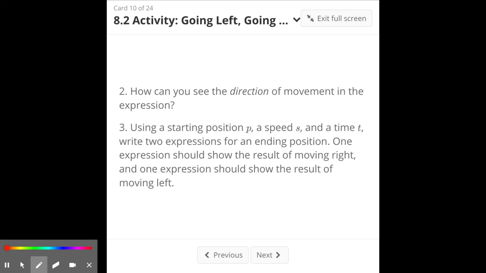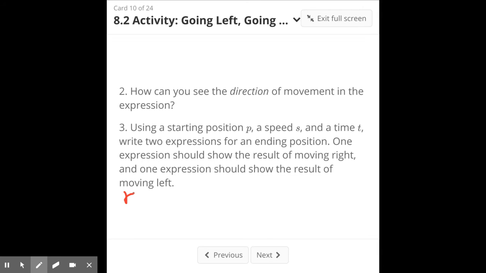We haven't done a whole lot of work with variables yet this year, so I'm just going to write it down for you, and don't worry if it's a little confusing. I think as you move through it, it'll make more sense.